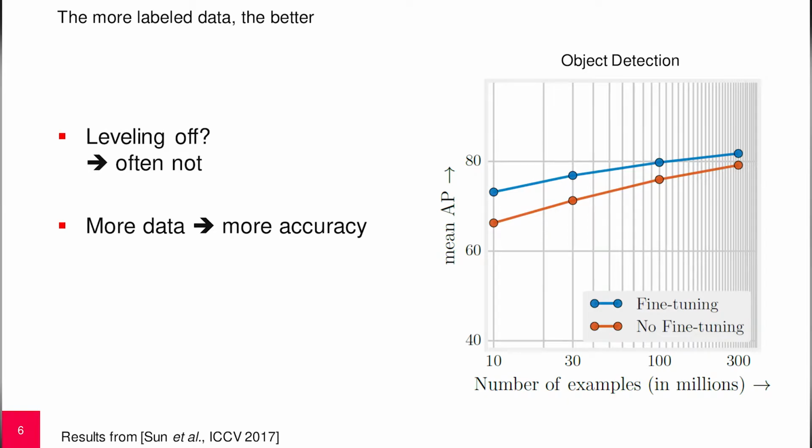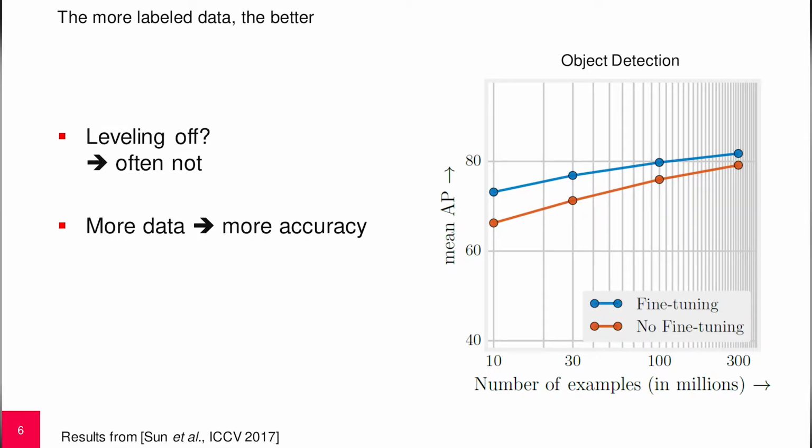And they were asking the question, what happens if we add much more samples? Like what if we use 10 million, 100 million, or even more samples? And what they found was accuracy is not leveling off. Even with 300 million samples, the more data you have, the higher your accuracy gets.